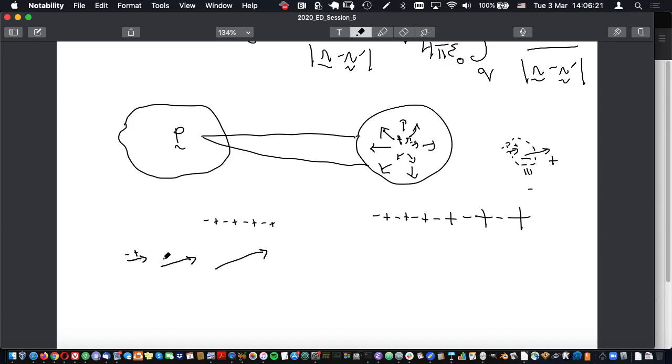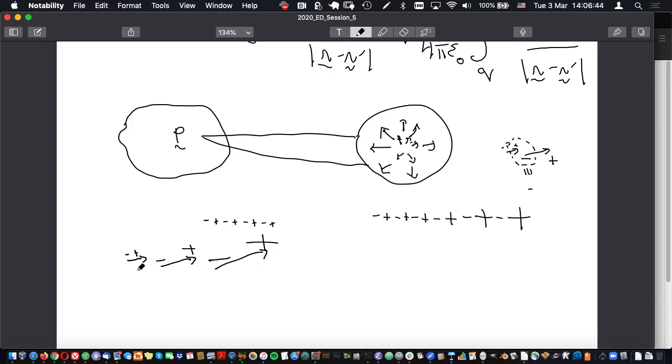Here there's somewhat more negative charge and somewhat more positive charge. And here there's really more negative charge and more positive charge. So as I move through my material, my dipole moment per unit volume increases.